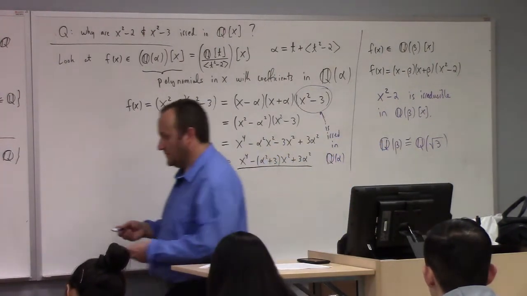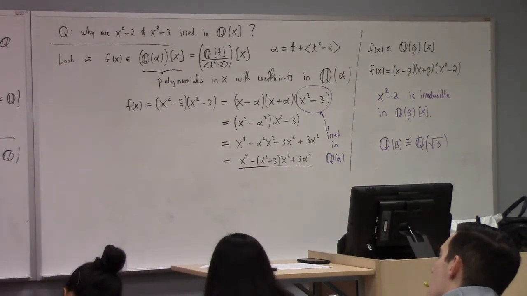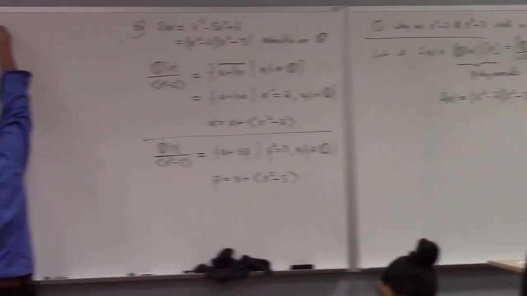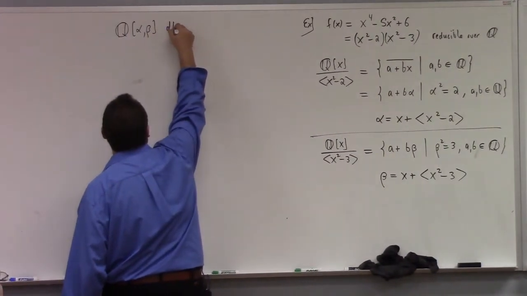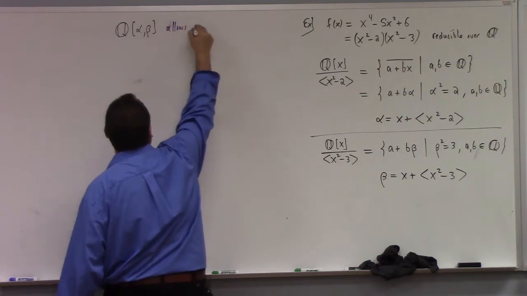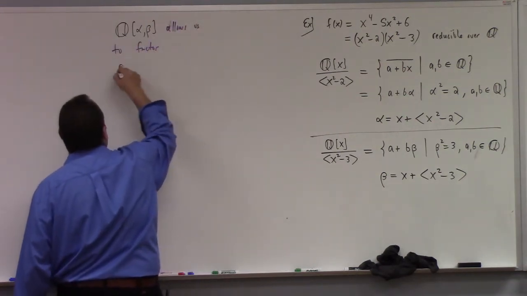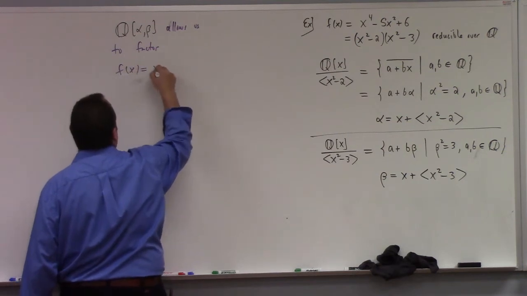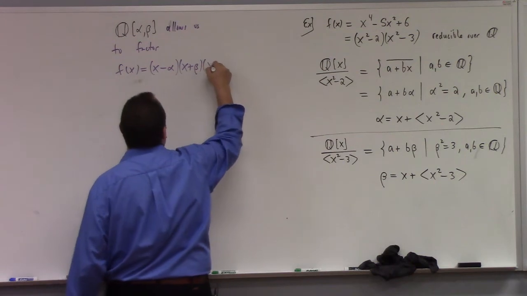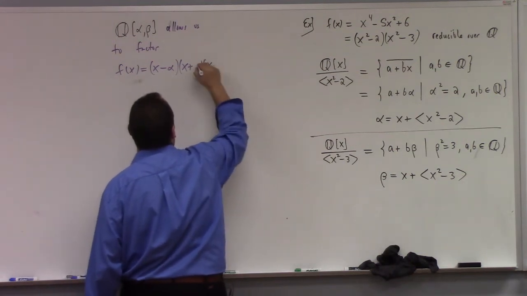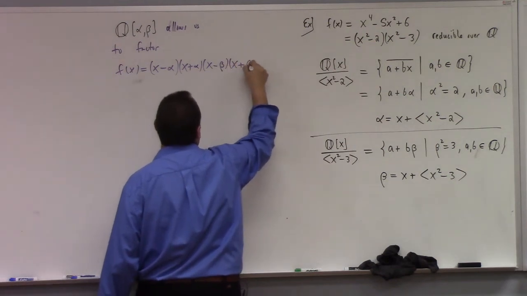But if you look at Q adjoin alpha and beta, this allows us to factor f of x into x minus alpha times x plus beta times x plus alpha times x minus beta.